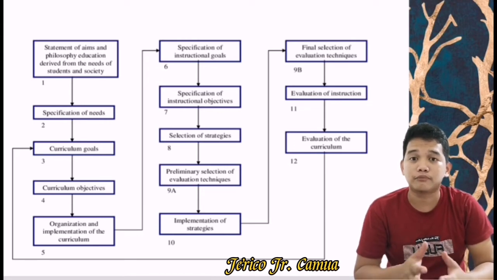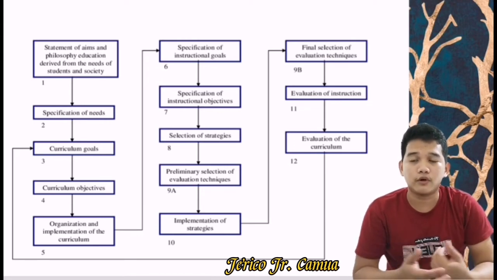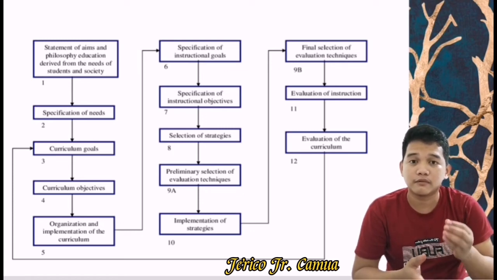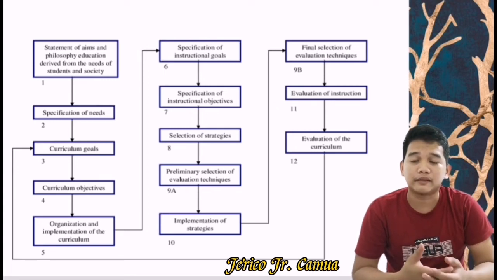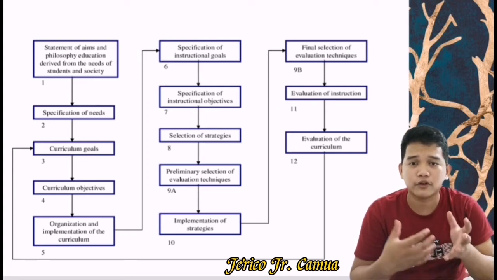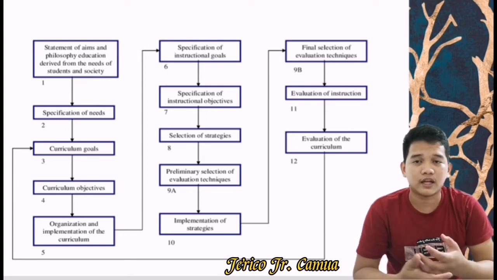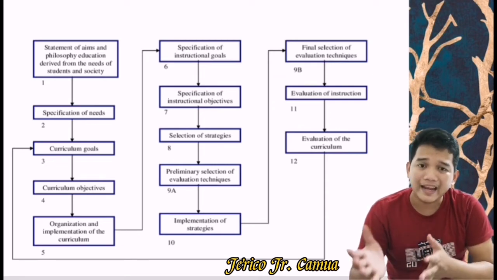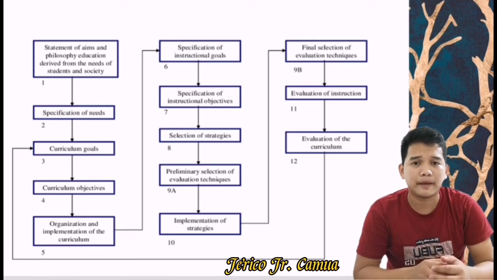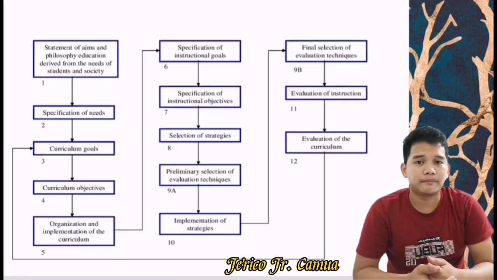These are the 12 components of this model, and actually, the Oliva model is the most complex model in curriculum development because it consists of 12 components, like what I said a while ago, that include both the planning and operational phases of curriculum development.